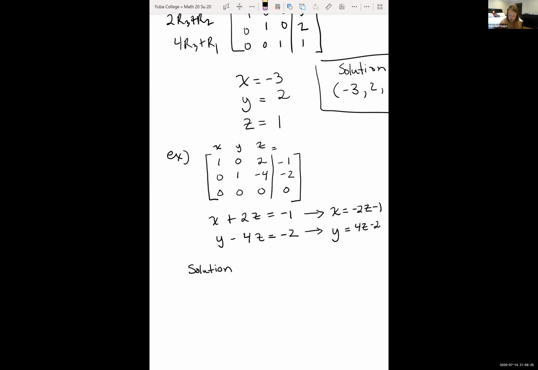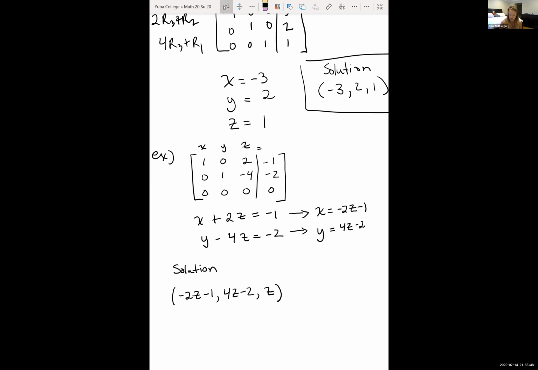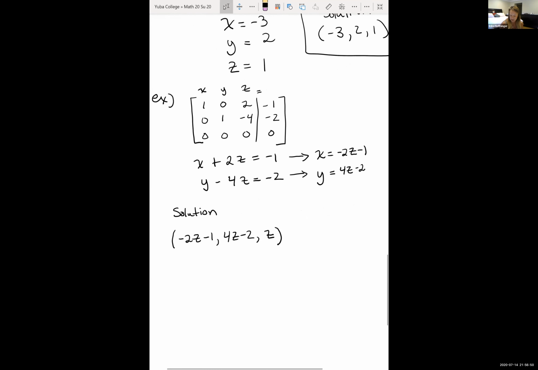And so our solution would be the point, our x value is -2z minus 1. Our y value of our point is 4z minus 2. And our z value is just z. So notice there's an infinite number of solutions that would work. It just depends on the z value again.